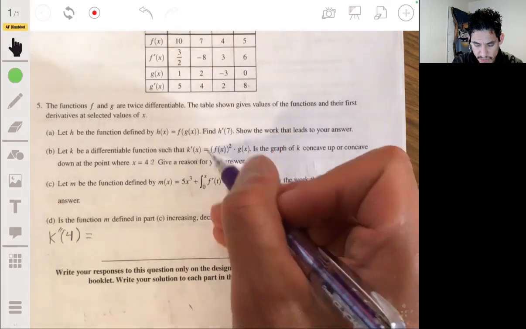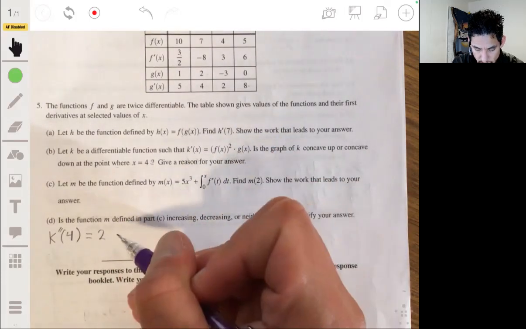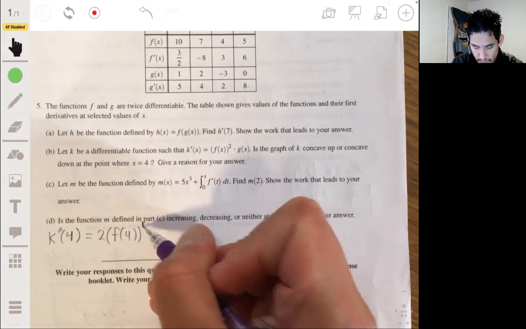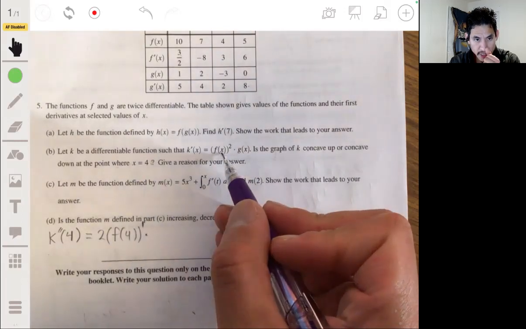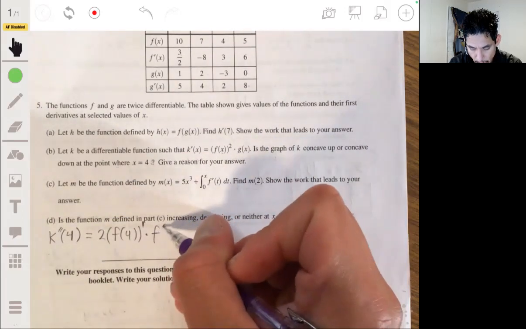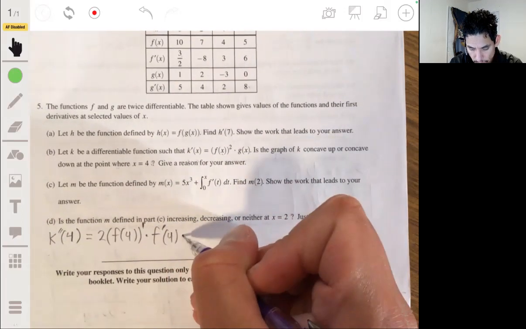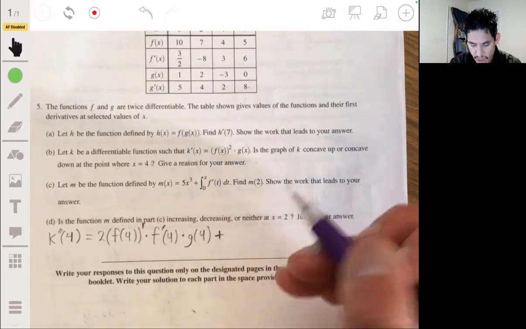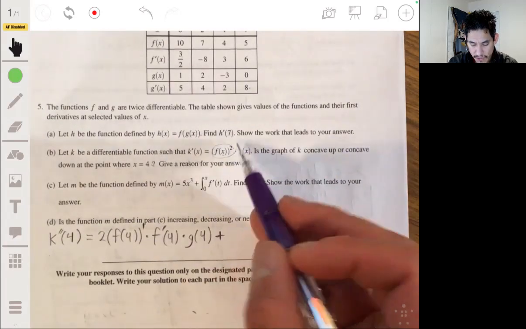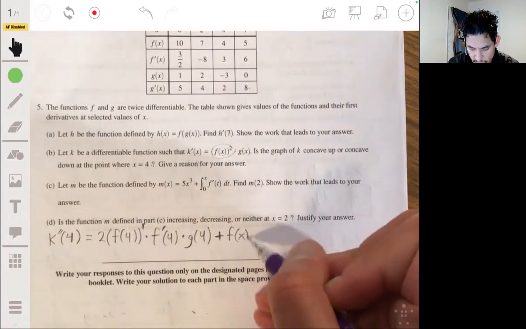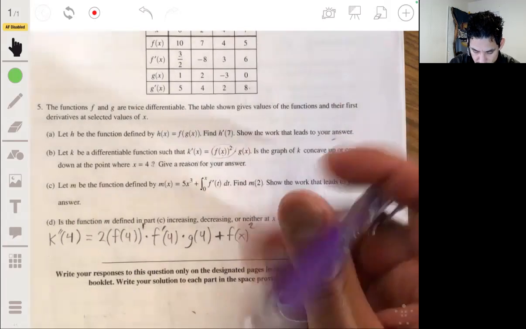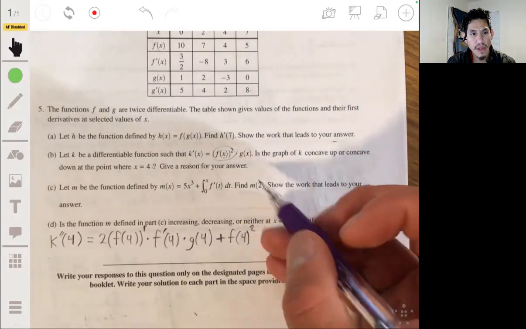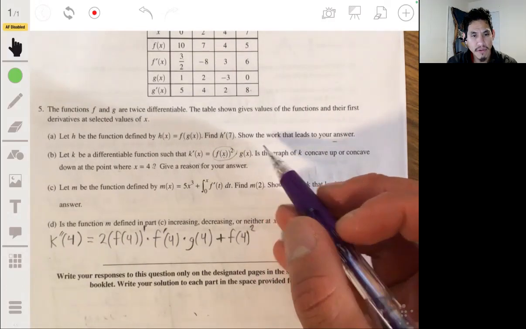So we're first going to take the derivative of this, which will be 2 times f of 4 to the 1 power times the derivative of the inside, so times f prime of 4. We keep the g of x, or in this case g of 4, the same. And using product rule, we then add it to, this time keeping the f of x squared the same. In this case, it's 4. F of 4 squared times g prime of 4.